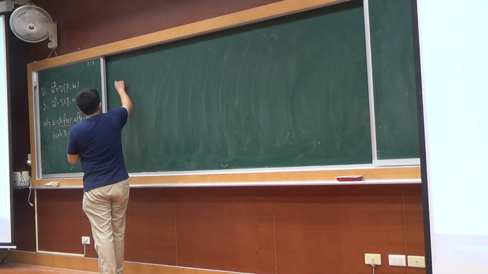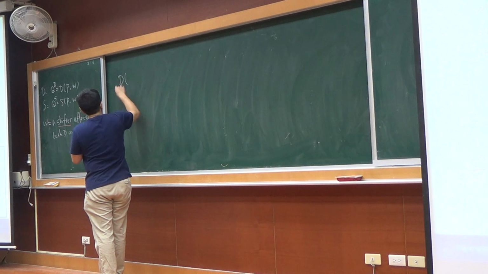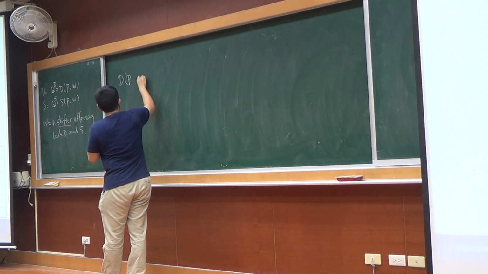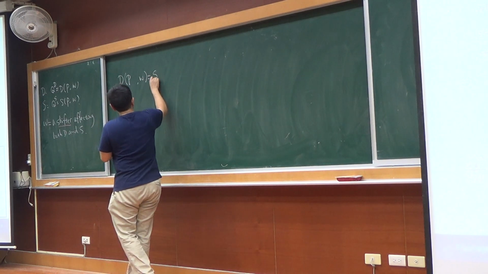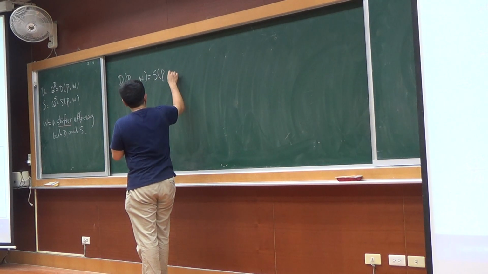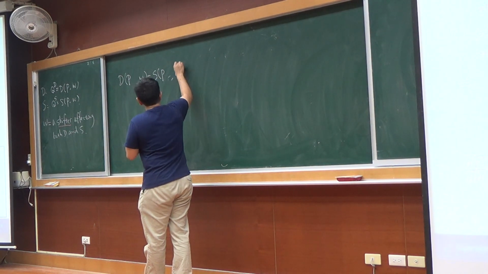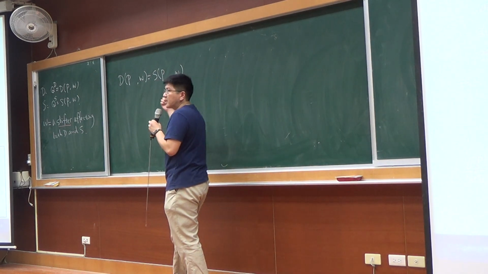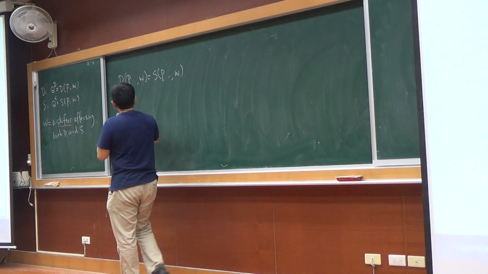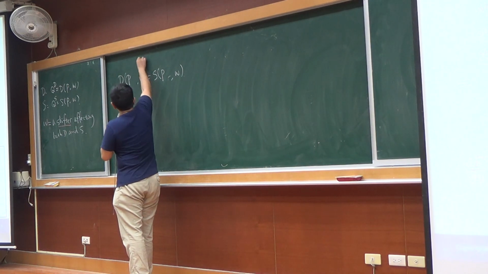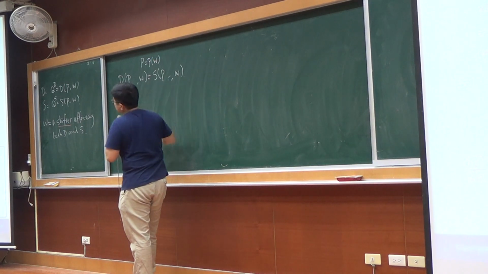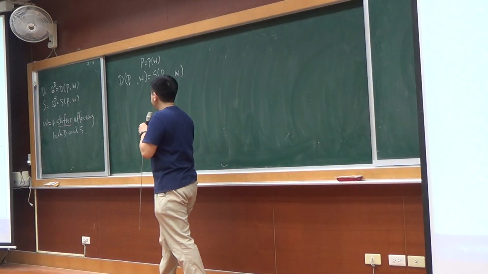And we may have demand D(P, W) equals supply S(P, W) as the equilibrium condition. So at equilibrium, we may show that the price will be a function of the shifter.